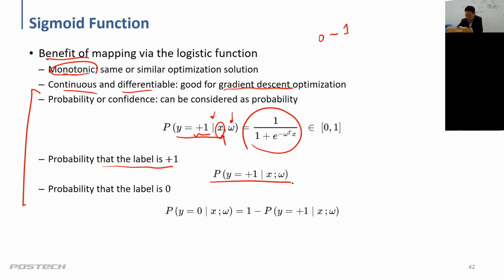And since this is a binary classification problem, for the same data point, the probability that the label is 0 is 1 minus that value. So again, by having the sigmoid function mapping, now we can think of that as probabilities. That's the reason.